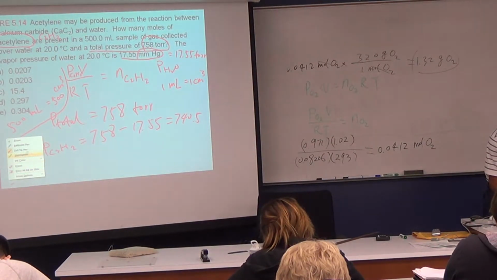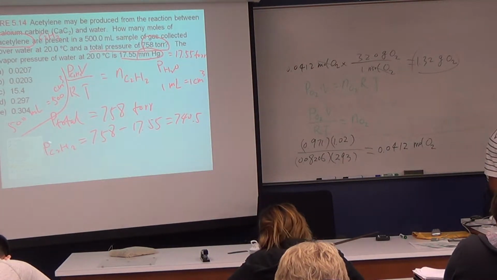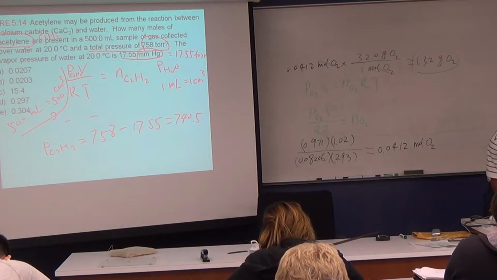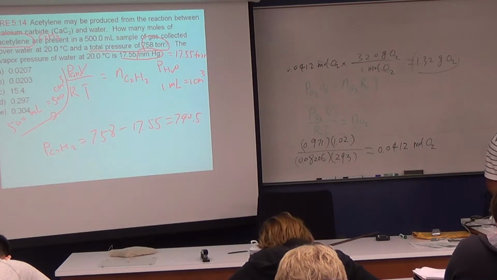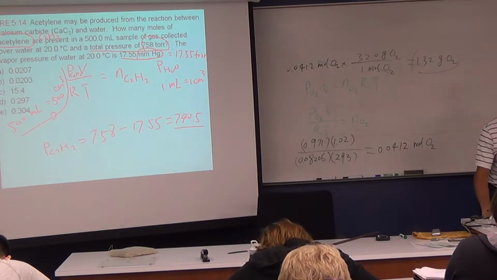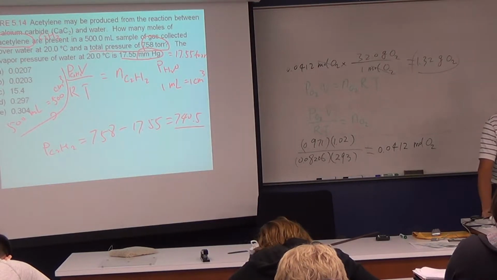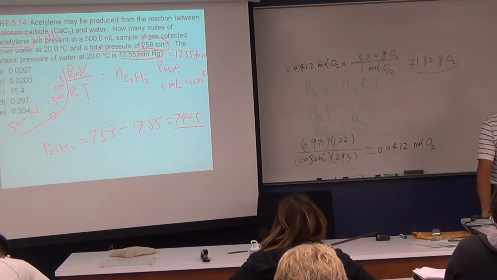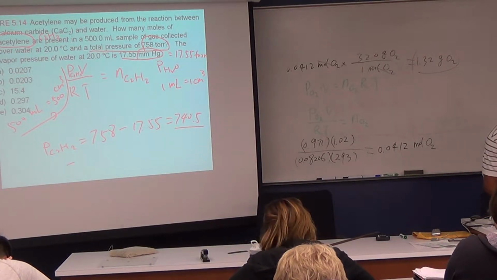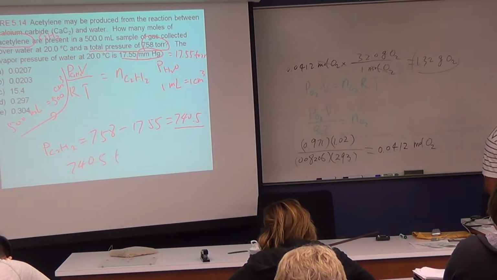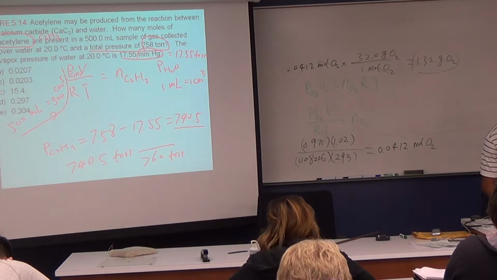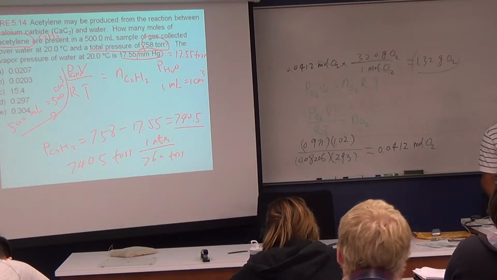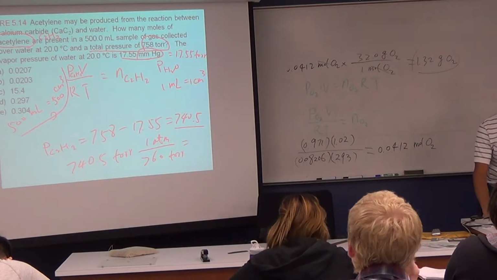Let me erase some of this and make sure everyone gets the similar steps. We first need to convert this into what unit? Atm. So we start with 740.5 torr, and 760 torr is 1 atm.